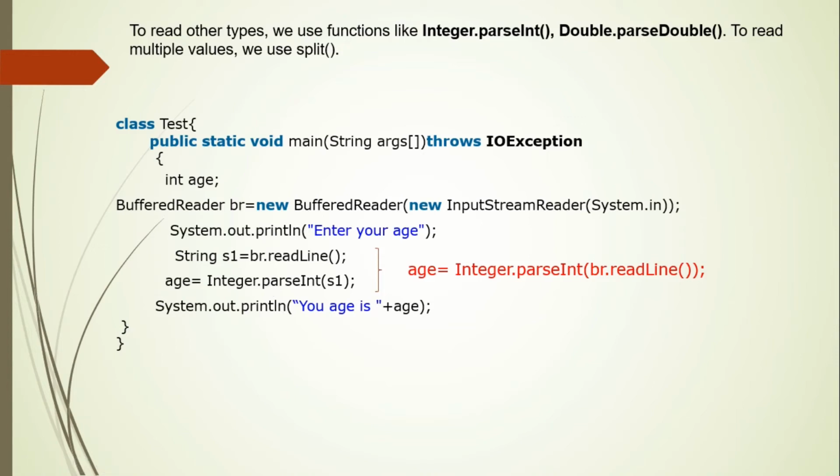So we create a string variable s1 to store the result. To convert the string value to integer, we use the next command, that is Integer.parseInt of s1, and store the result in the integer variable age. Finally, we print the result.